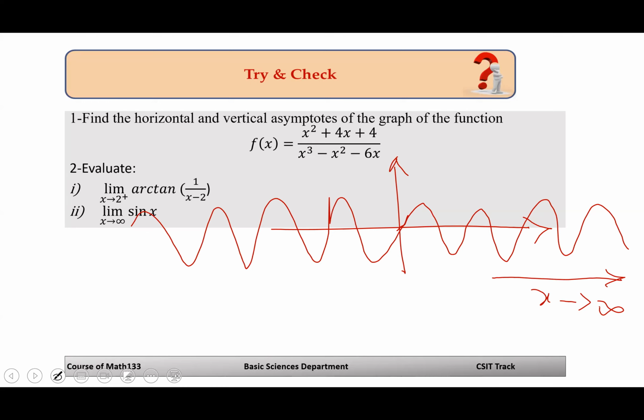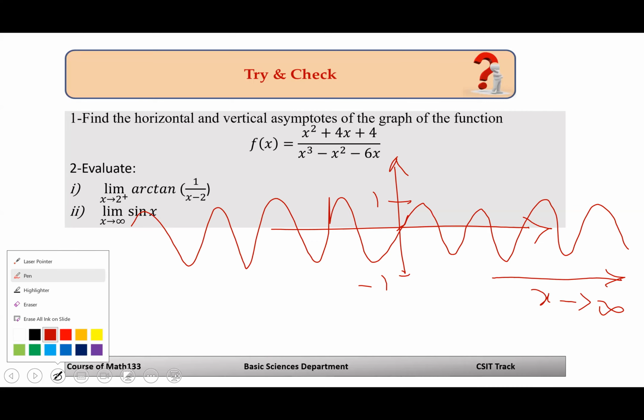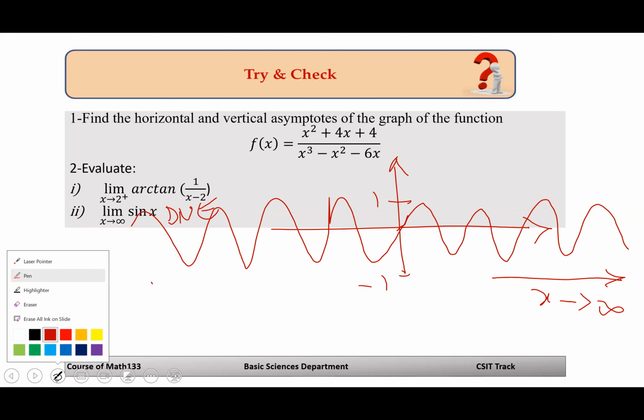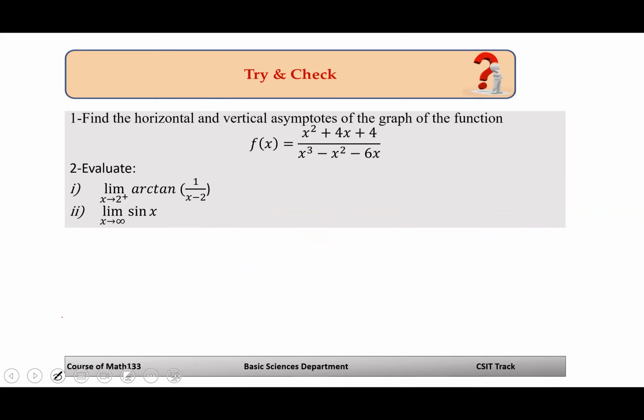It still oscillates from 1 to minus 1. So we cannot have this limit; the limit does not exist here. Same thing for cosine also, and even for tan, we don't have a limit at infinity.